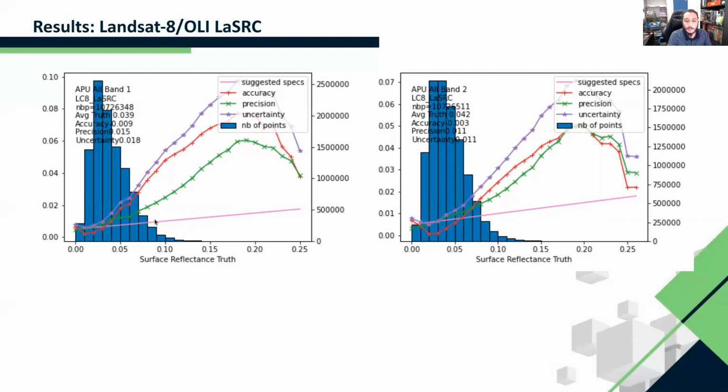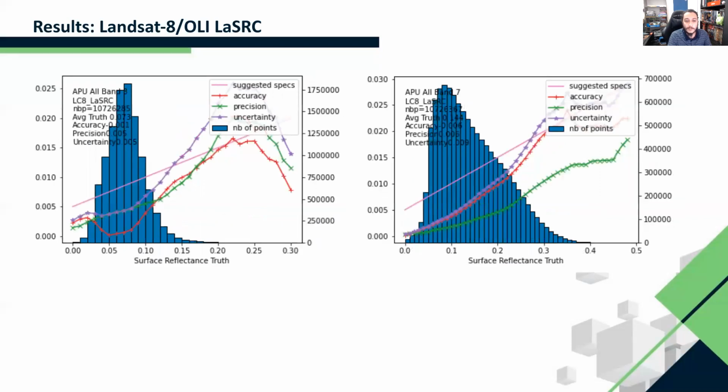This greater uncertainty was expected since the coastal and blue bands are more affected by the atmospheric components than other bands. This can be seen here in bands 3 and 7, which stand for the green band and SWIR 2, where most of the data is beneath this reference line, with a few more points going above it.